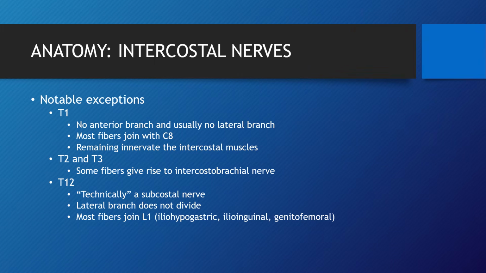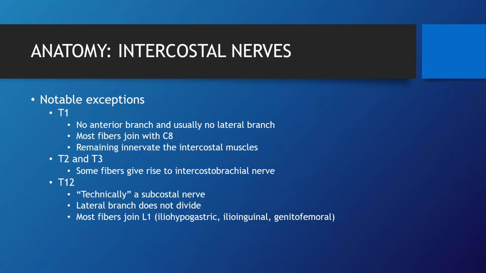There are some notable exceptions. So T1 has no anterior branch, usually no lateral branch, and most of the fibers join with C8, while the remaining fibers innervate the intercostal muscles. A reminder that T2 and T3, some of the fibers give rise to the intercostobrachial nerve, which supplies the axilla and upper arm.